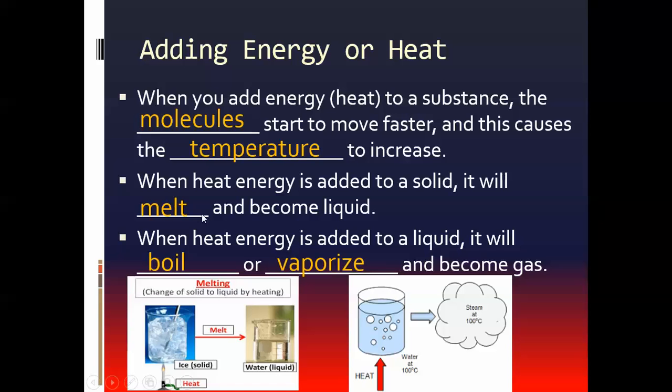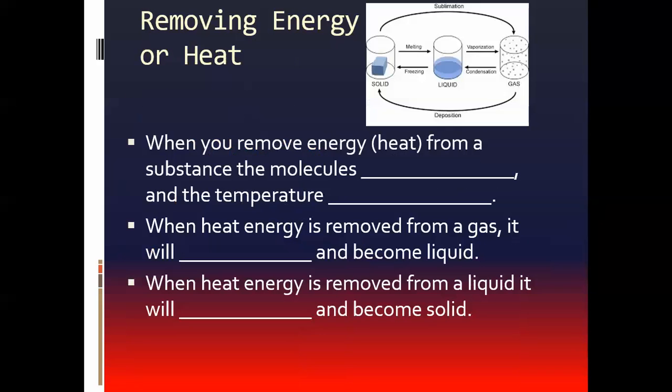So a couple key words there that you need to remember, obviously the melting and boiling. Melting and boiling happen at a specific temperature for a specific substance. So we know that, for example, water boils at 100 degrees Celsius, but that wouldn't be the same case for what temperature, let's say, rubbing alcohol would boil at. That would be a different temperature. So it's a unique, what we call characteristic property.